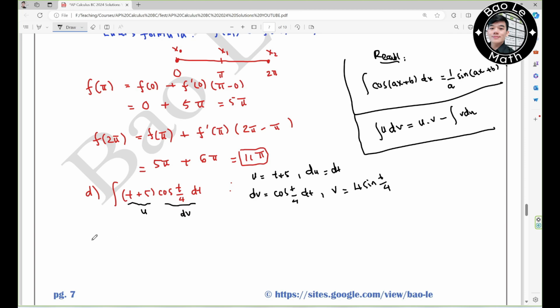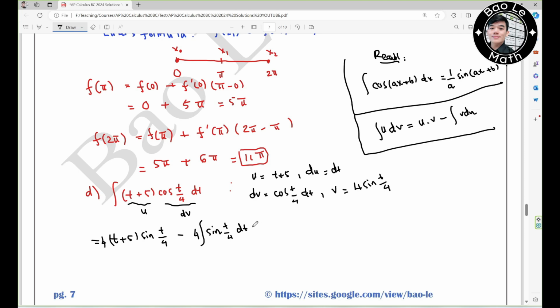So it turns out to be u times v, so it can be t plus 5 times, I bring 4 to the front, 4 sine t over 4, minus the integral of v du, I bring 4 to the front, so it's sine t over 4 dt. Alright, so I need to calculate this one.